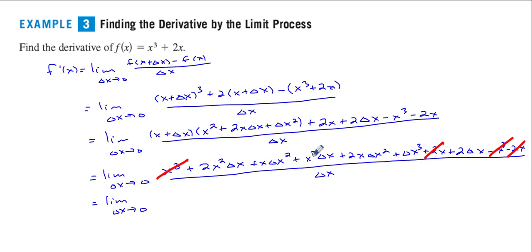Oh, there's another one. So I got 3x squared delta x's. And then I have x delta x squareds. There's 1 here, 2 here, so 3 of those again. And then delta x cubed. And then plus 2 delta x.